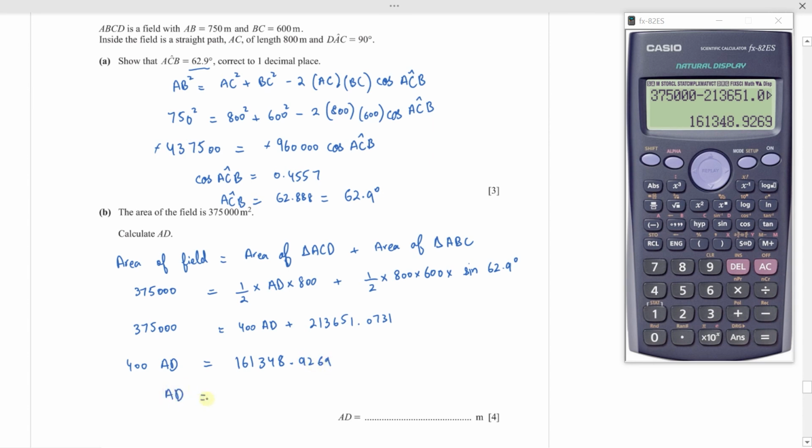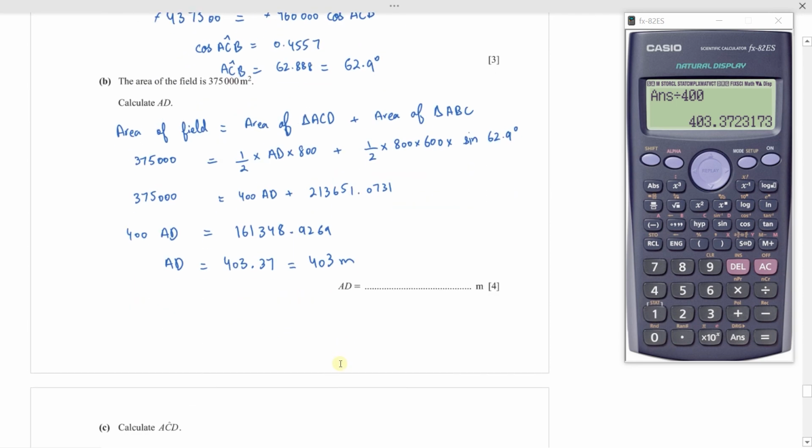So AD will be this divided by 400, which is 403.37. And if you want to write it up to three significant figures, this will be 403 meters.